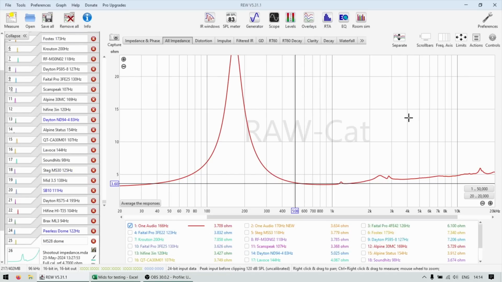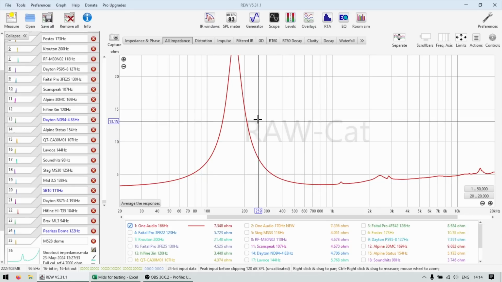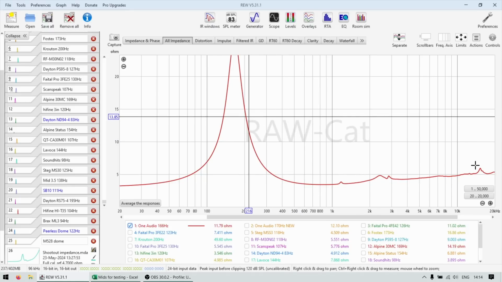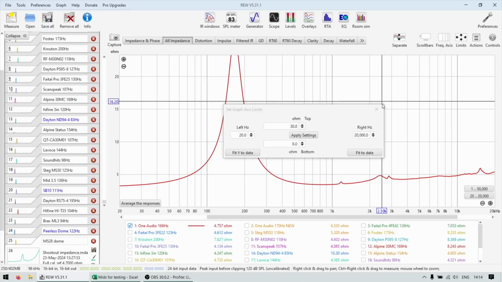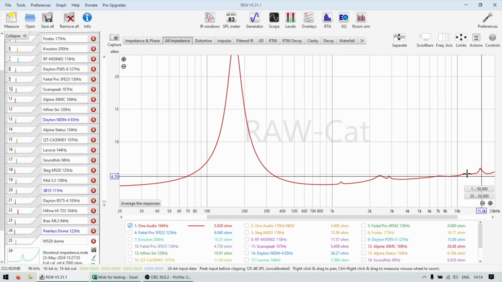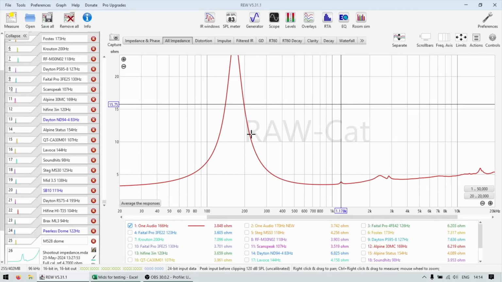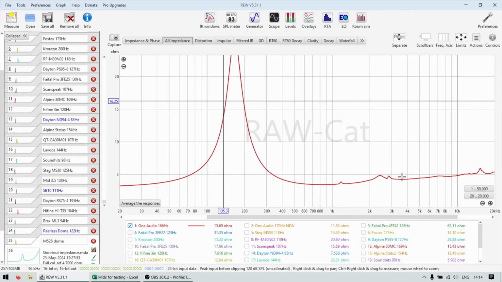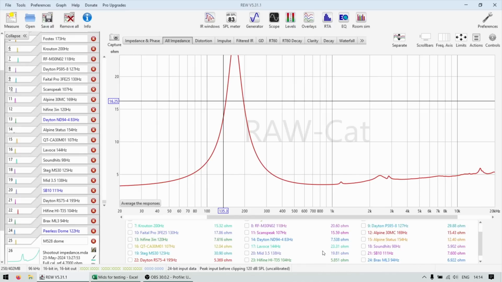So when I had a look at these graphs, as I mentioned, the smoother the impedance graph is, to me personally, I think it is just a better driver. So when I opened the One Audio one and I saw this, that's a peak, that's a peak, that's a peak, that's a peak, and that's a peak, and wiggles. So to me, this graph from like 500 and up looks much worse than any other driver.